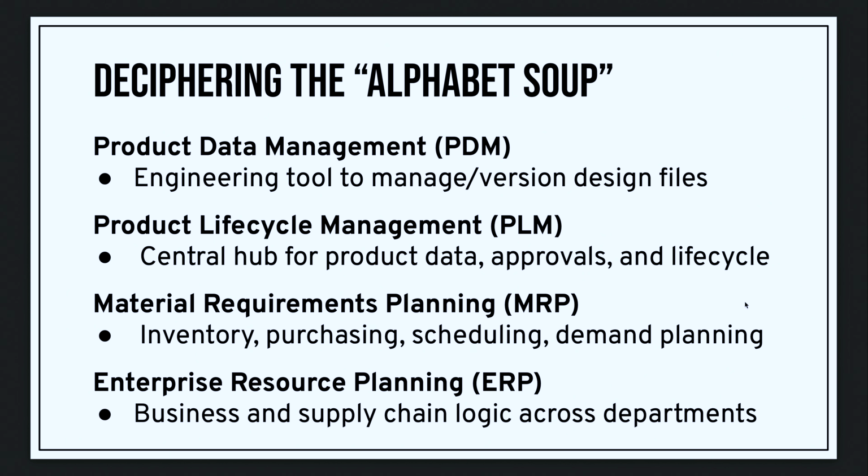Then you've got material requirements planning, MRP, which is more on the manufacturing side. That's got inventory management, purchasing, scheduling, and demand planning tools. And then you've got the big 900-pound gorilla, enterprise resource planning, or ERP. You've probably heard that term. It's a superset of MRP designed for managing your business and supply chain logic, with tools for finance, HR, and running your entire business.